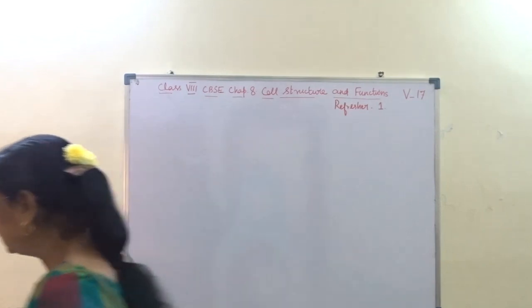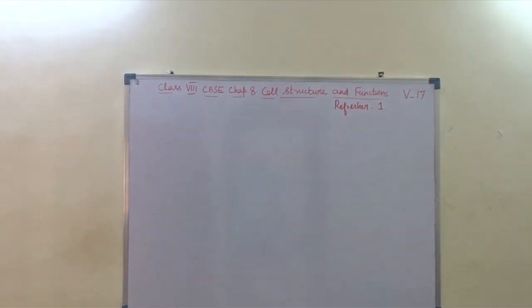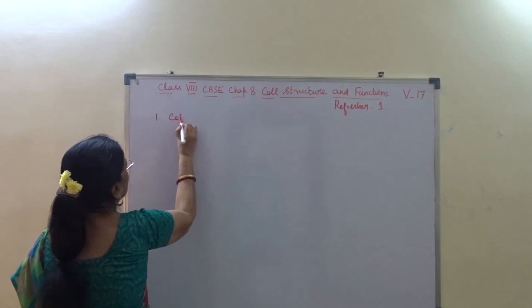Okay, so this is cell structure. Just go through and recollect what you have learned. Cell is the structural and functional unit of life.